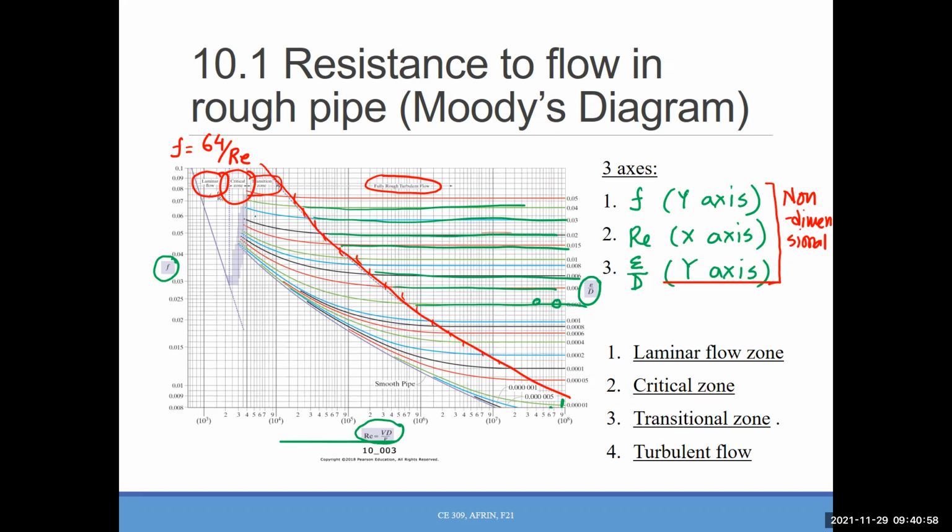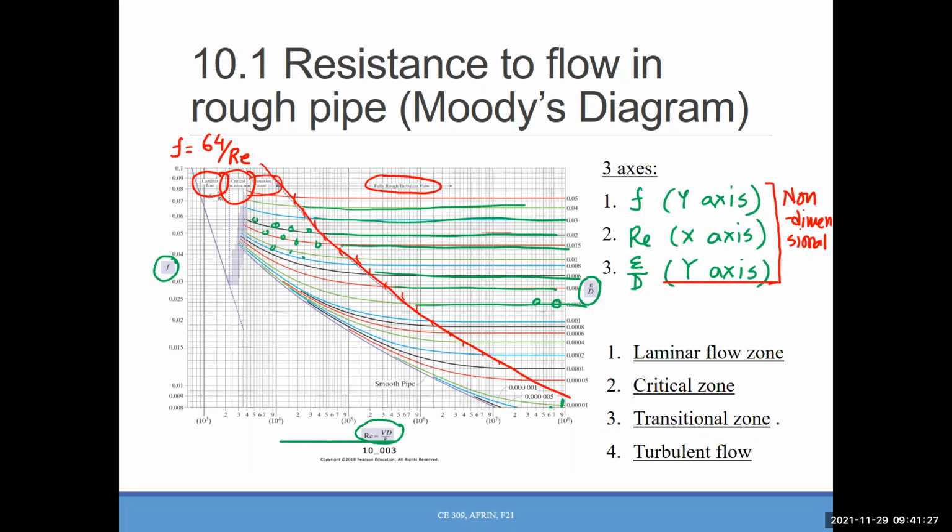But here you can see for different Reynolds numbers, you can have different values. That means up to this zone, the Reynolds number is playing a role, but after this one, it is kind of invalid. And that's why for turbulent flow, mainly the epsilon over D is the main thing to consider.